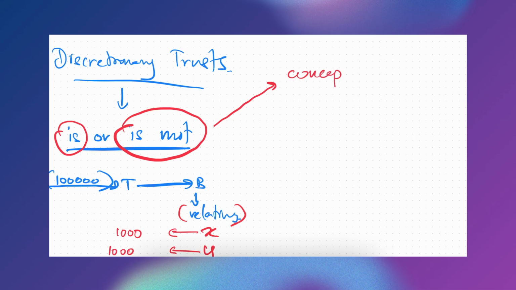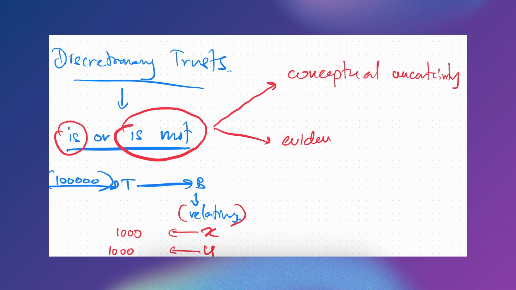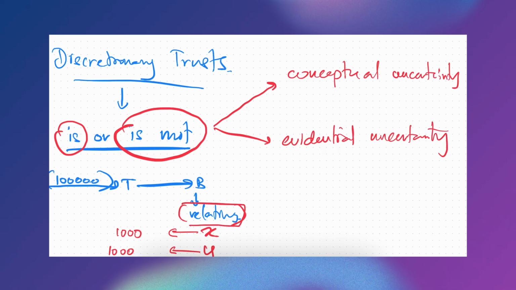So the problems that you come across in the is or is not test are conceptual uncertainty and evidential uncertainty. Conceptual uncertainty is the wording that is used to identify this beneficiary, the generic term: is it as a concept ambiguous?